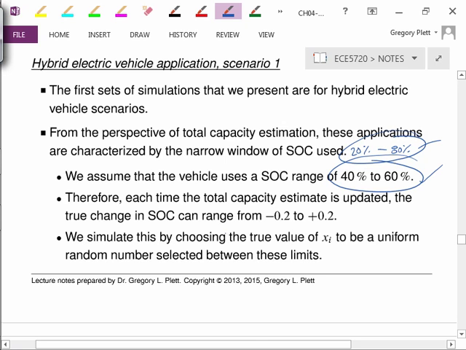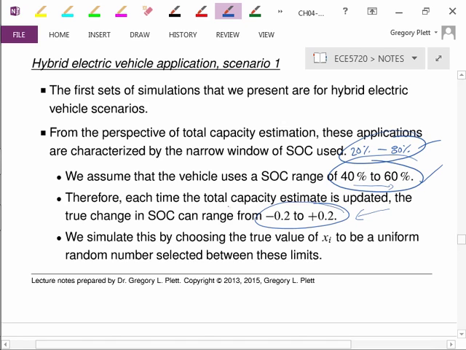Whenever we update a capacity estimate, the true change in state of charge, in this case, if I go from 40 to 60%, that's plus 20. If I go from 60 to 40, that's minus 20. So the true delta SOC maximum is between minus 0.2 and plus 0.2 for those assumptions.